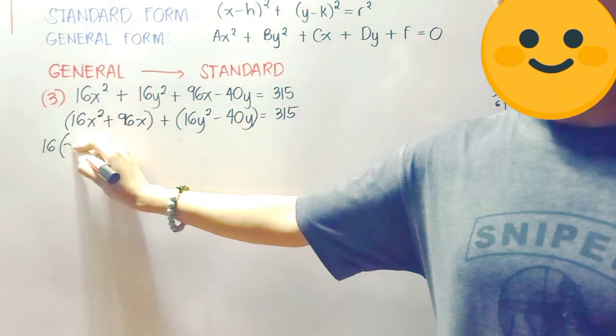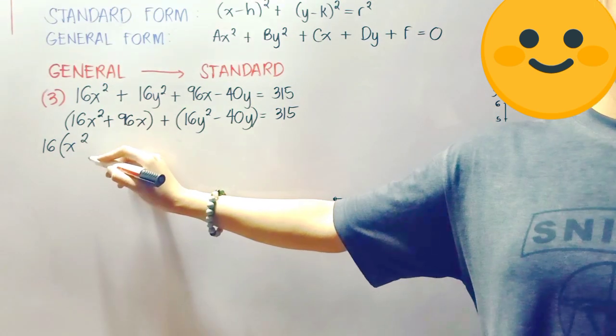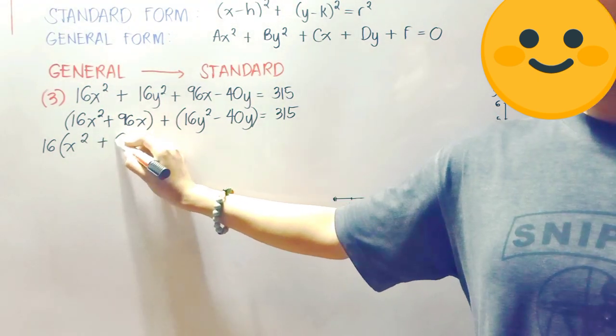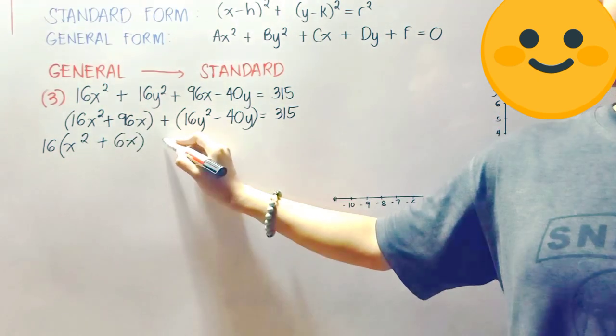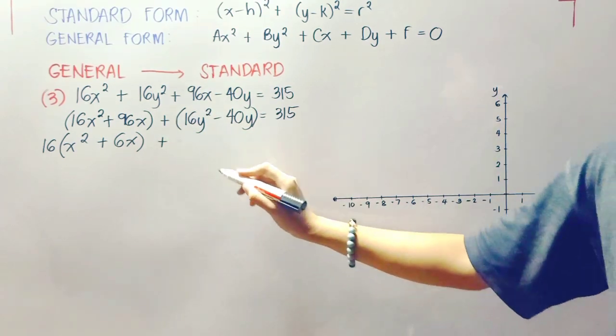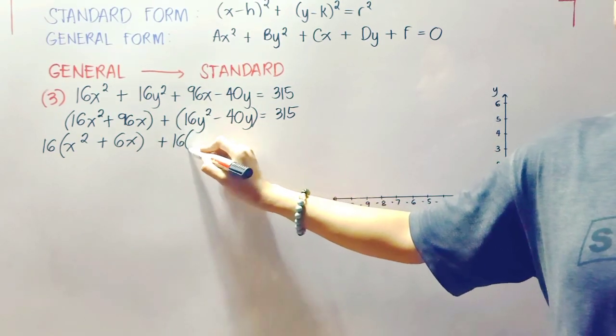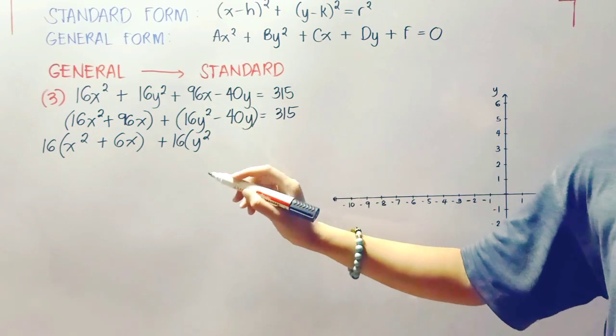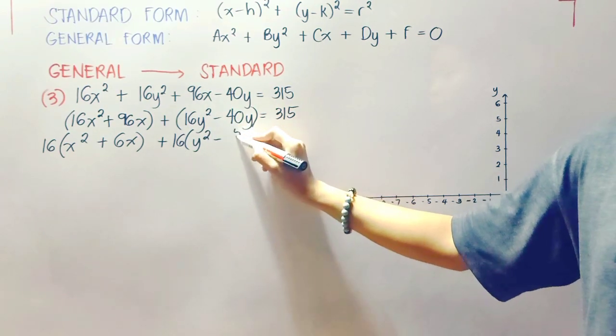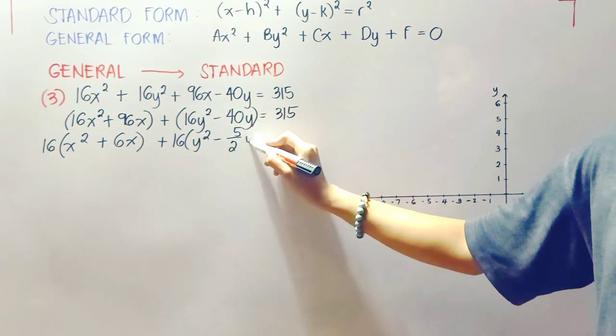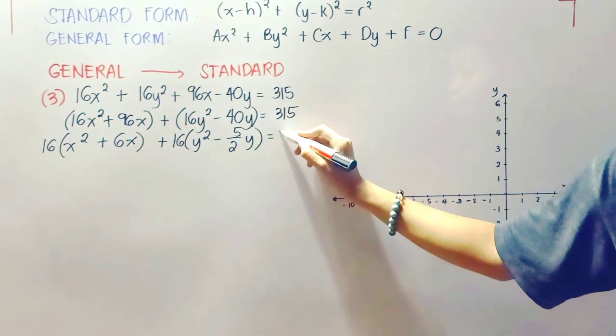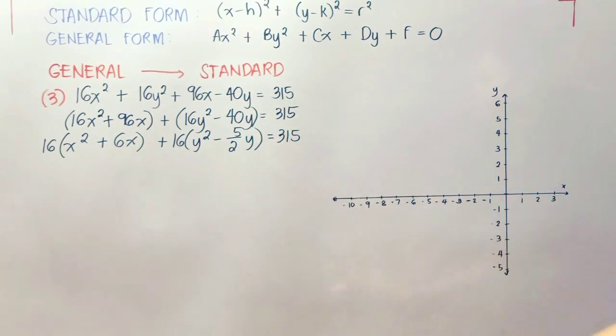16, what's left is x squared. 96 divided by 16 is 6x, and then still factor out 16 here, so y squared. -40 divided by 16, it will give us 5/2y, and then copy 315.